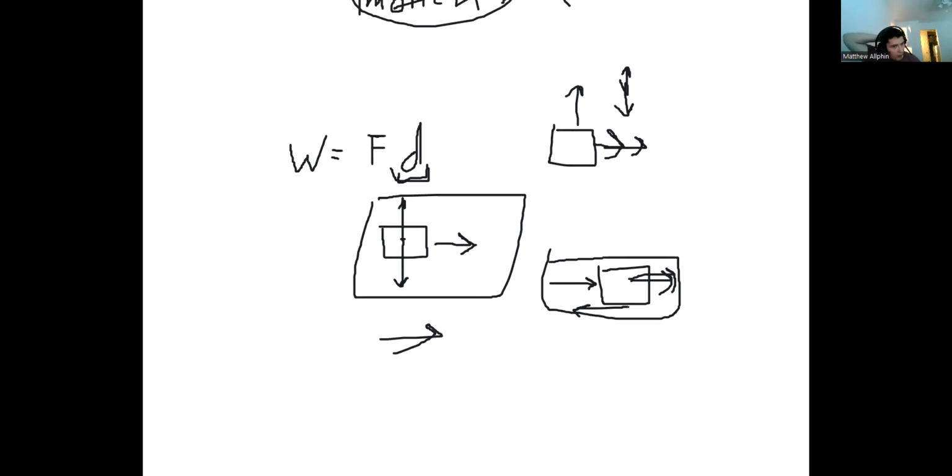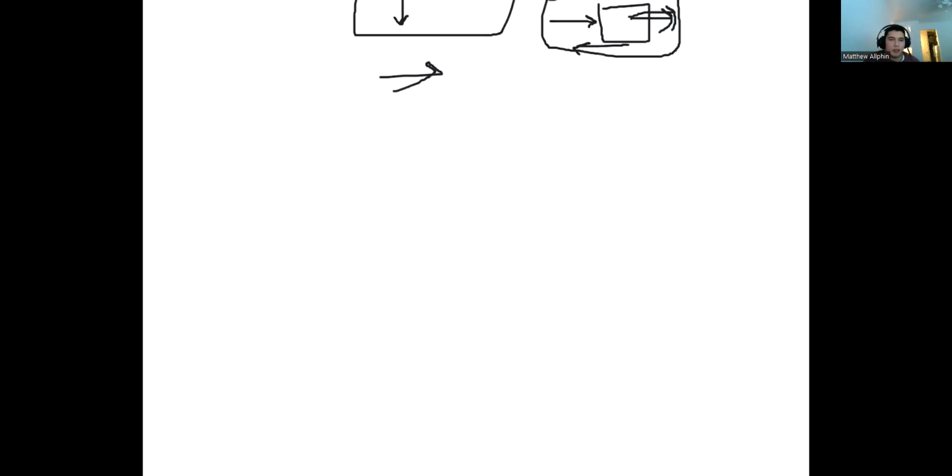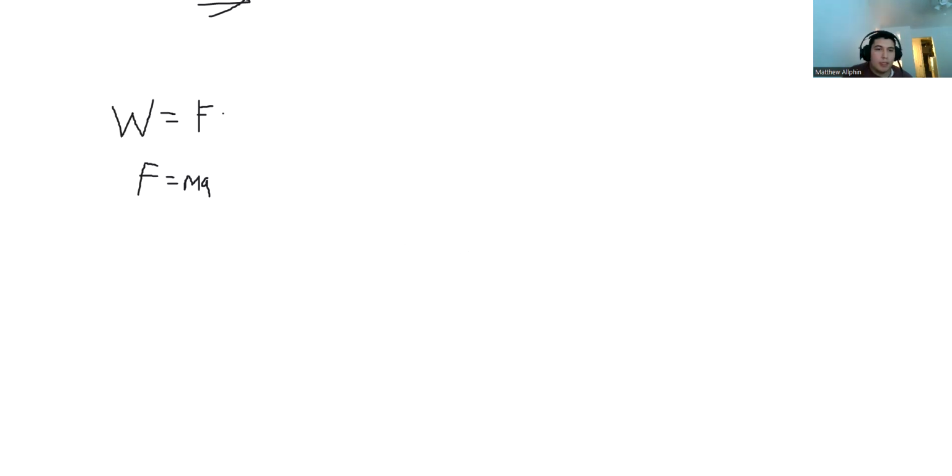But the other thing that we talked about is potential energy and work and how that relates. Using our definition here, the work done against gravity is equal to, since force is equal to mass times acceleration, the mass of whatever object is being moved times the acceleration of gravity, and then times the height.